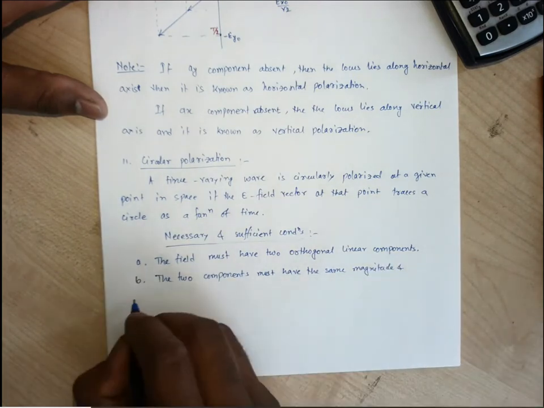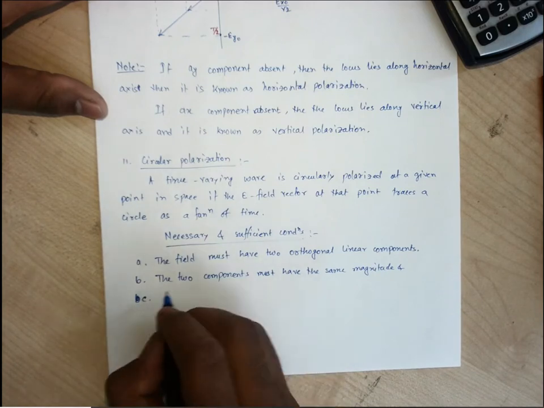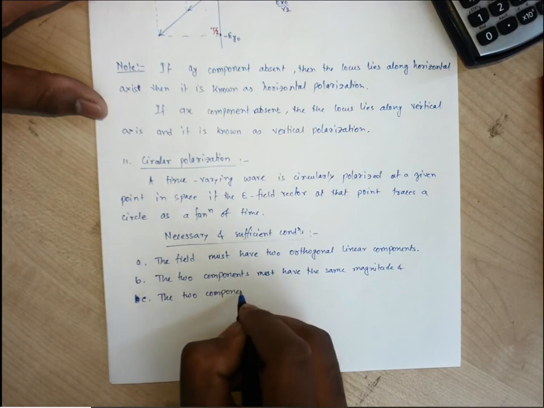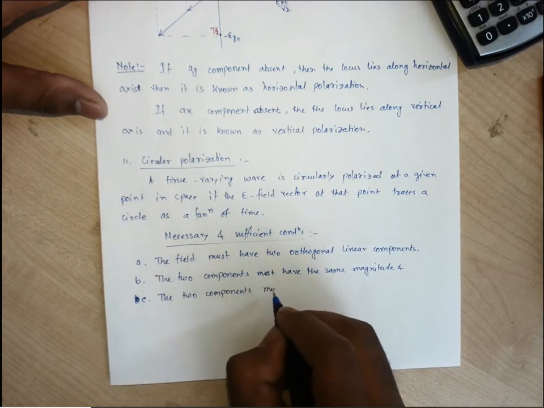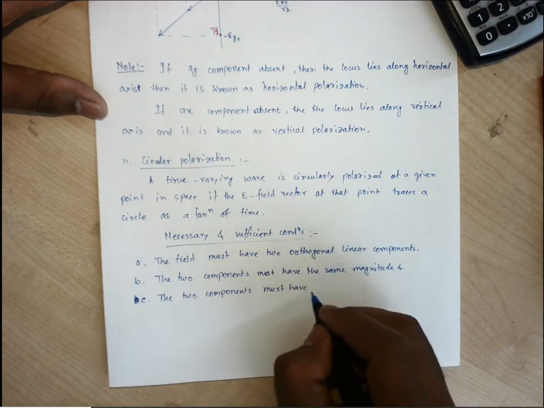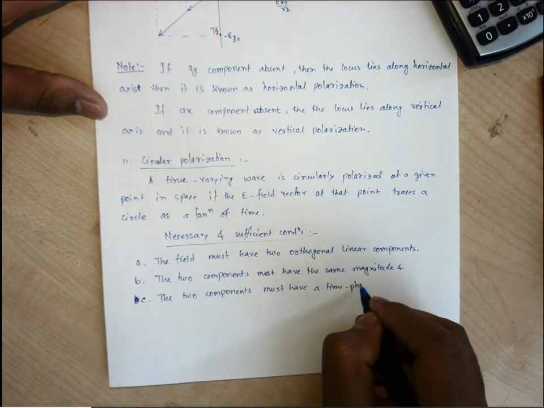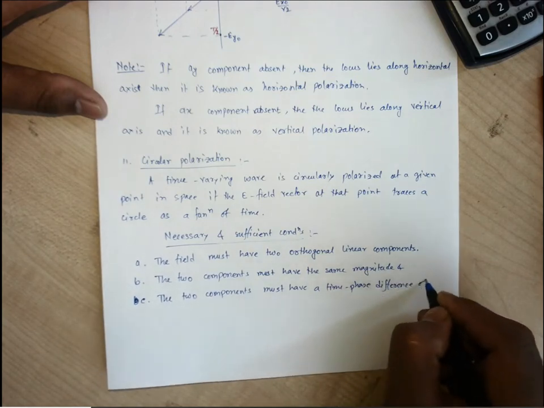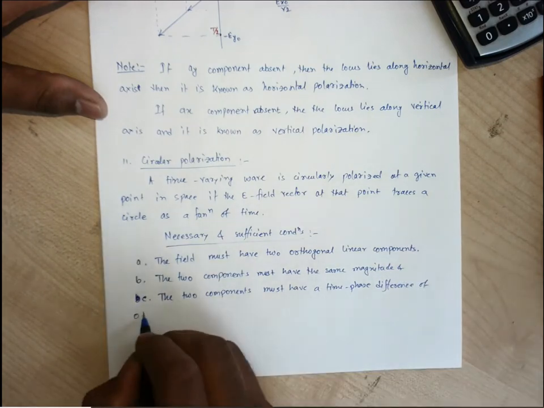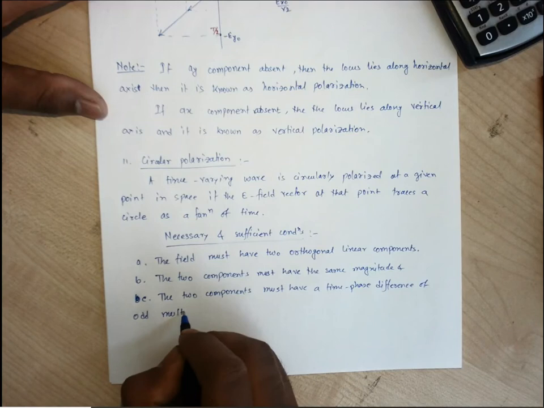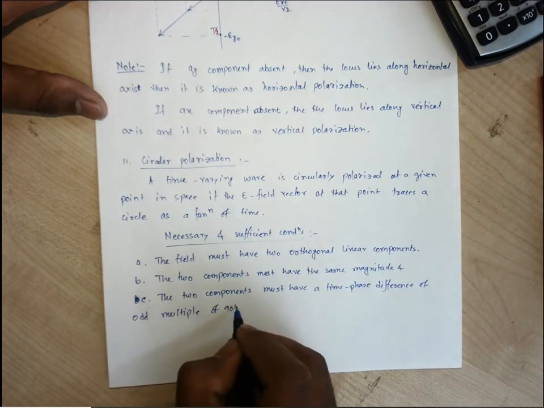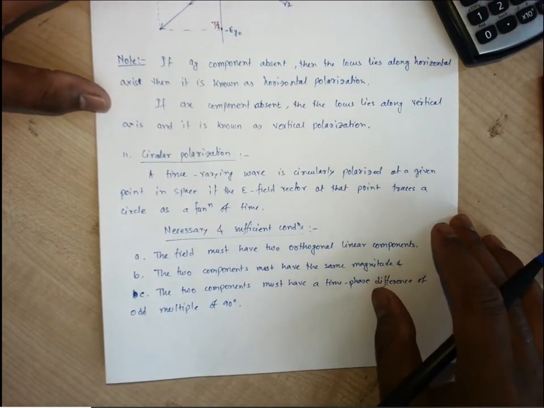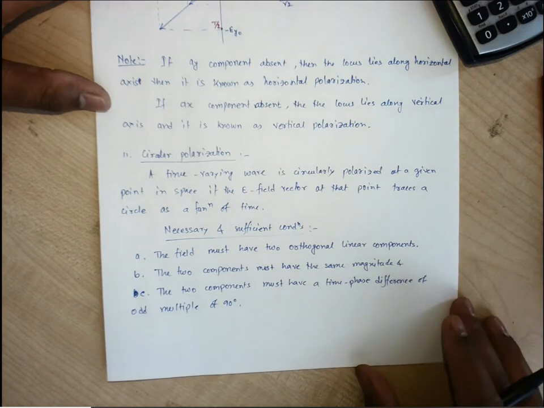And third condition, the two components must have a time phase difference of an odd multiple of 90 degrees. There should be a time phase difference of 90 degrees between these two orthogonal components.